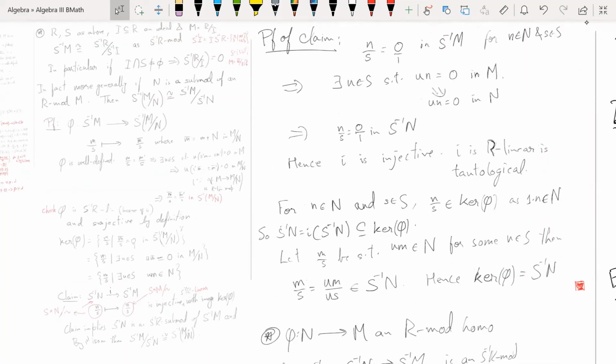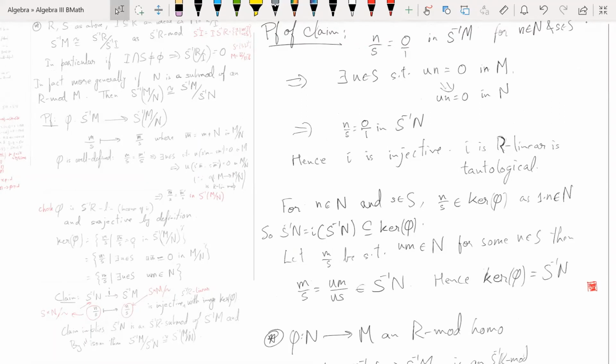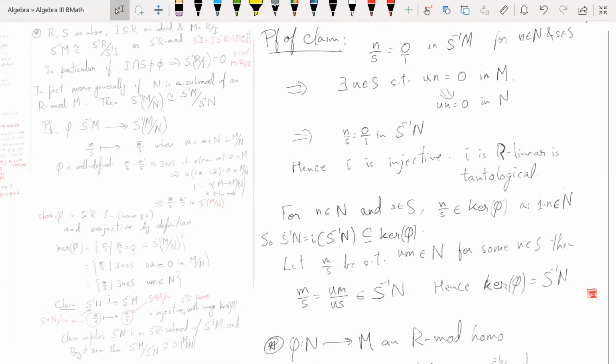So we want to show that I is injective, that it is S inverse R linear, and its image is the same as kernel phi. As I said, this is sort of a tautology.